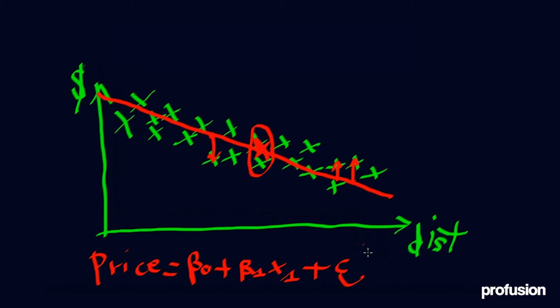It might not disappear completely. In fact, it's highly unlikely that it will disappear completely, but it should get smaller as you get more and more information to make good predictions.